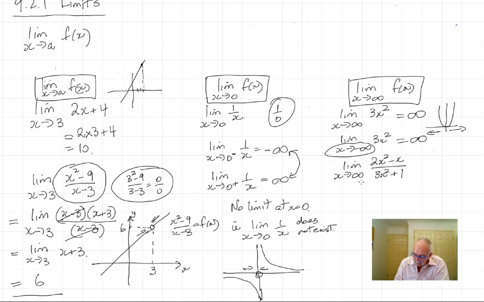Okay, now here's another type of example that we tend to come across, and we've got two functions here with a power of x squared. If we've got this scenario, we take the highest power of x that's common top and bottom out.